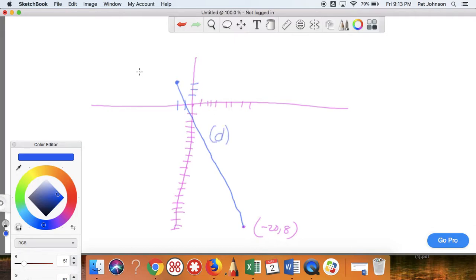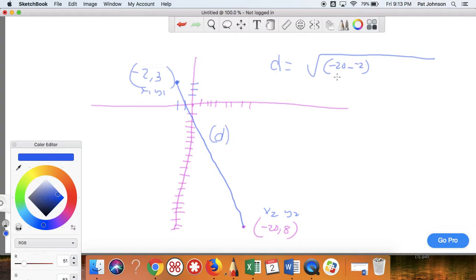So remember, this is negative 2, comma 3. So we use our distance formula. So we're going to say x1, y1, x2, y2. So we're going to do negative 20 minus negative 2.